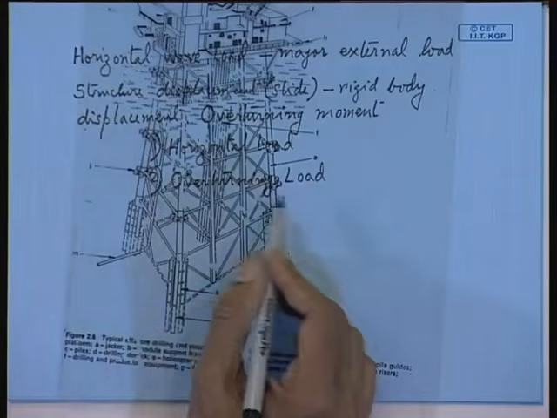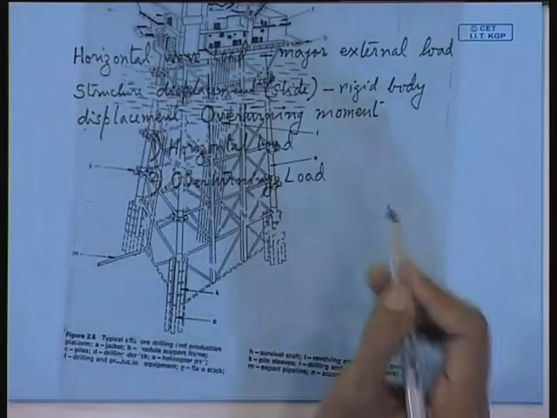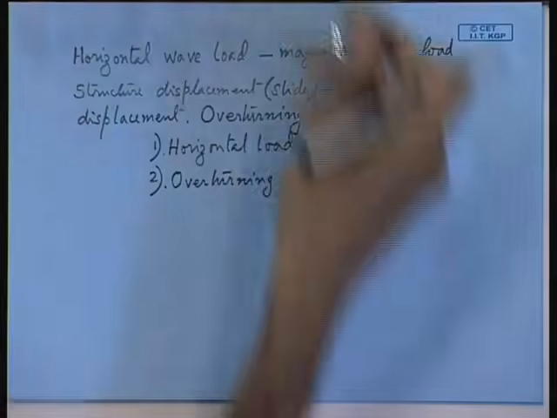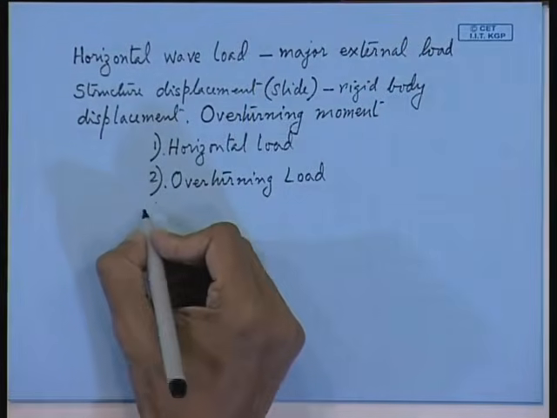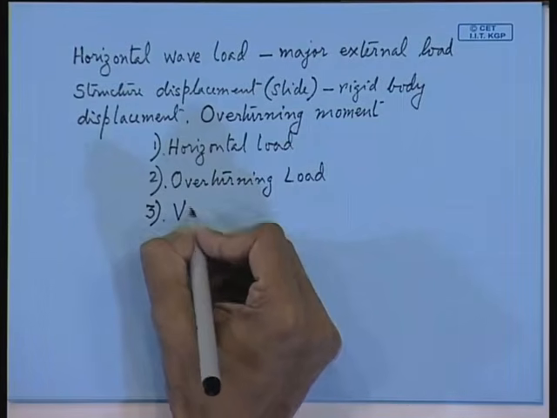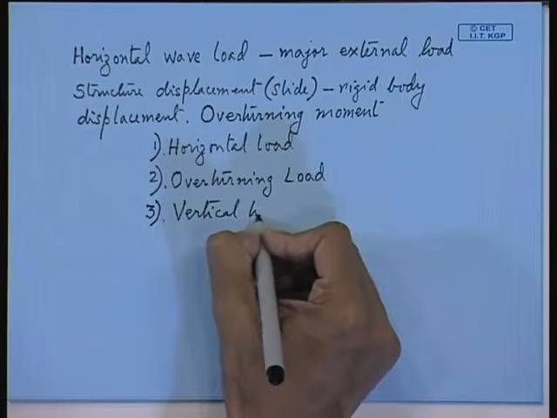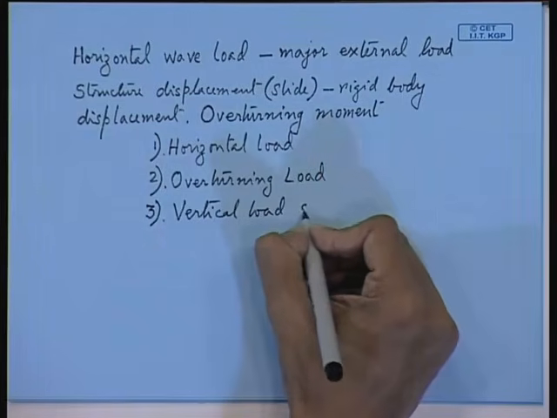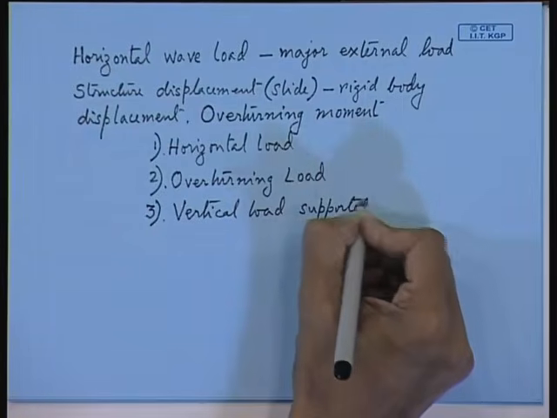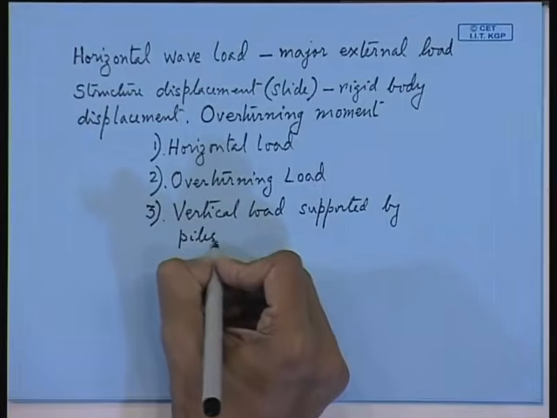Piles are giving you the end supports, that is the corner supports to this huge weight, and also some of the weight will be supported by the mud mat. So, the other is vertical load, supported by piles and mud mat.